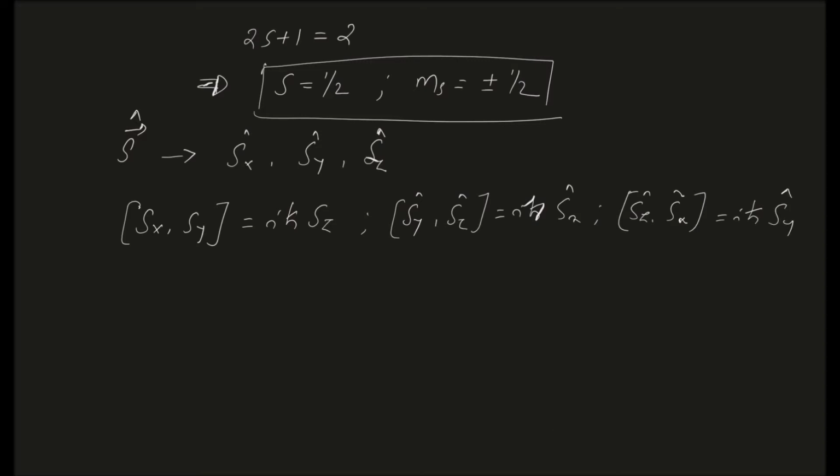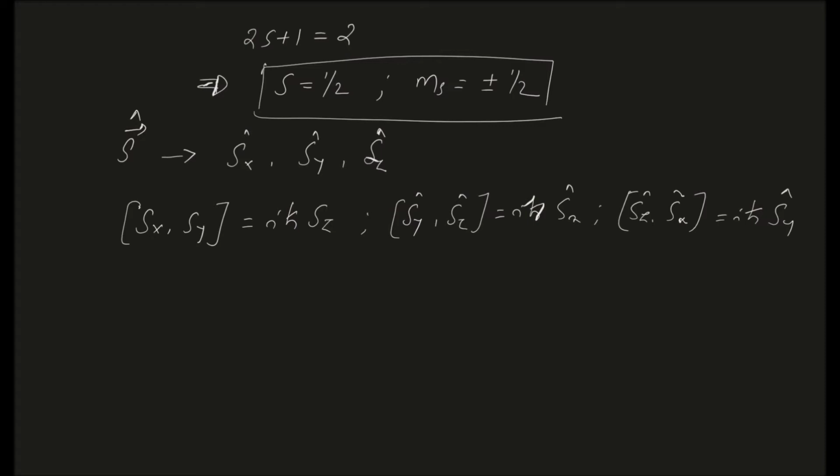So this is the definition of the spin angular momentum. This is exactly similar to the definitions that we have given for the general angular momentum or the orbital angular momentum. Now since S squared and S_z commute, we can have a common eigenstate.